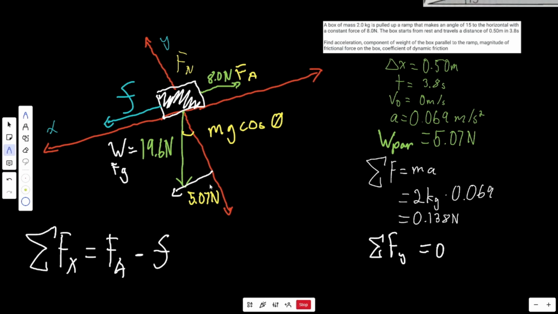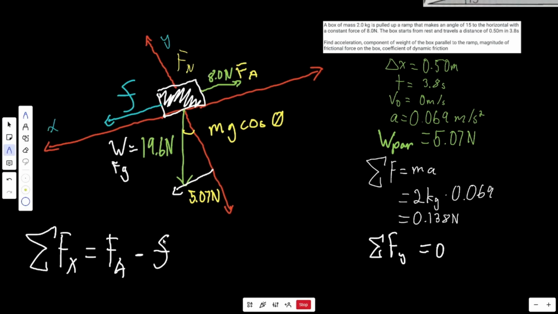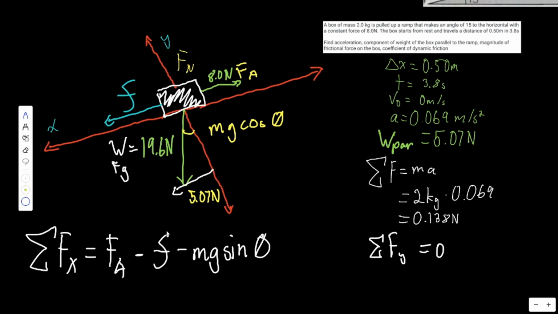Well, that's because that's the component of weight that lies on the x-axis. So we're supposed to add the negative value of weight on the x-axis, because these two will combine as the counteracting force of the force applied.